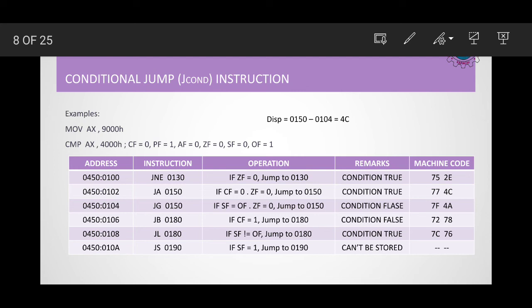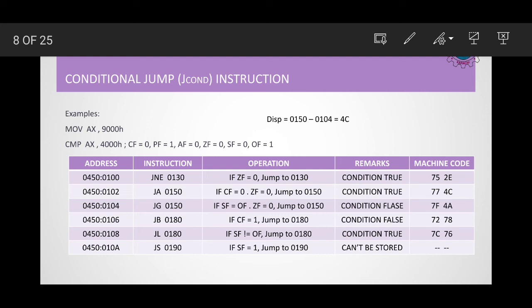And if you see the condition with respect to the flags, the JG conditions are: if sign flag is equivalent to overflow flag, and the second condition is zero flag is zero, the jump will occur, otherwise the condition is false.